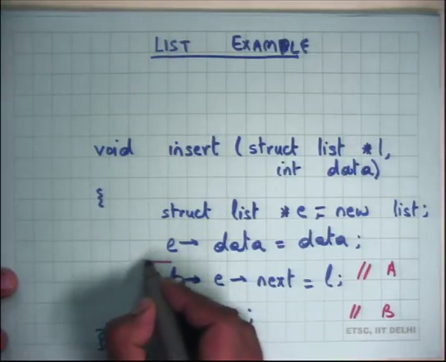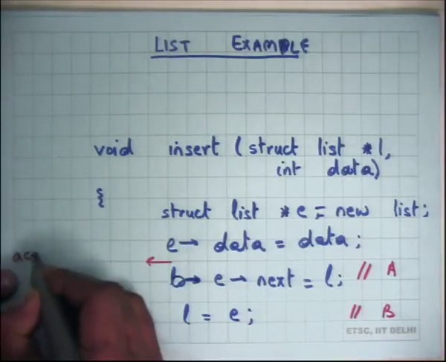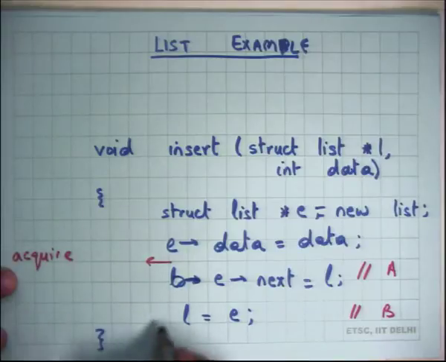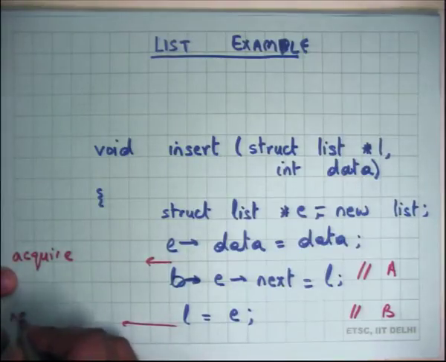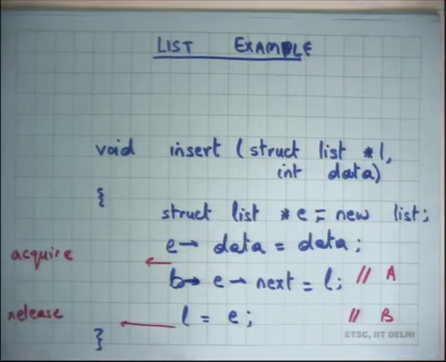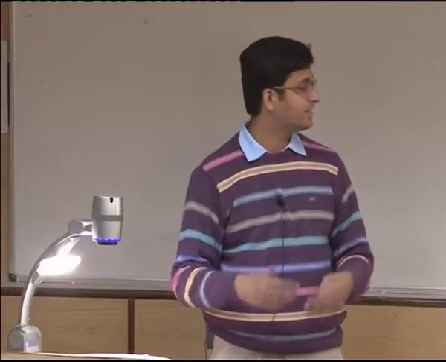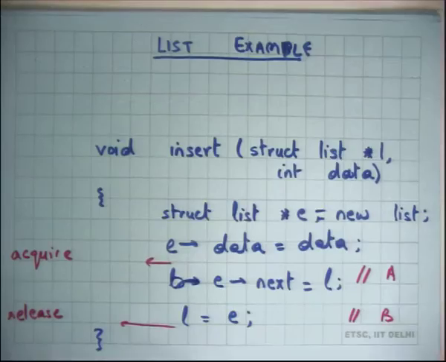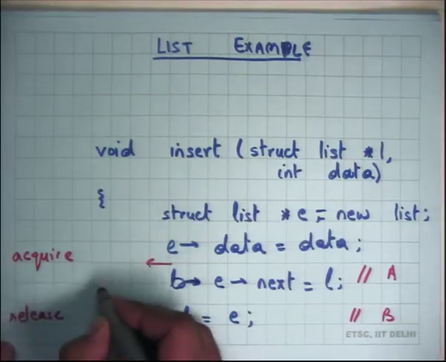So you put an acquire call here and a release call here. Because a lock cannot be acquired twice simultaneously, only one thread can be active in this particular region. This region is also called a critical section.